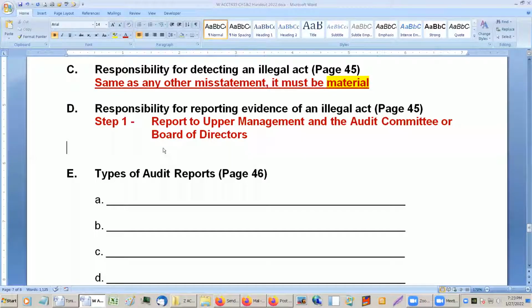And generally, no, you don't. So we'll see what happens when you report the illegal act to upper management and the board of directors or audit committee, and they don't do anything, or what they do is not enough. It's not adequate.